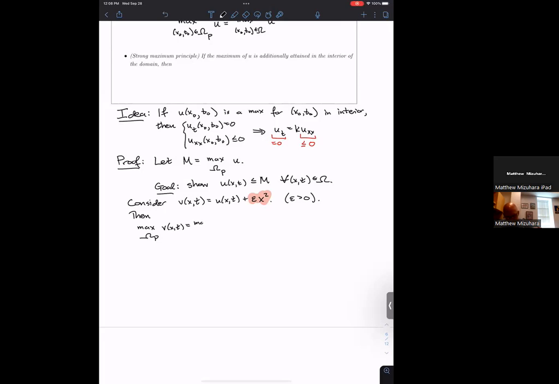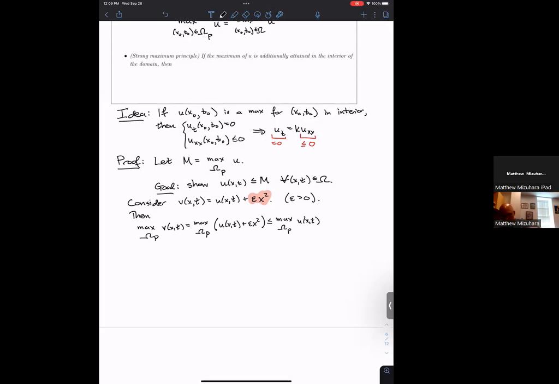Well, we can plug back in the expression U of x, t plus epsilon x squared. And now we'll use a general fact that's true about maxima. First, let me write down the fact, and then we'll dissect why this makes sense.